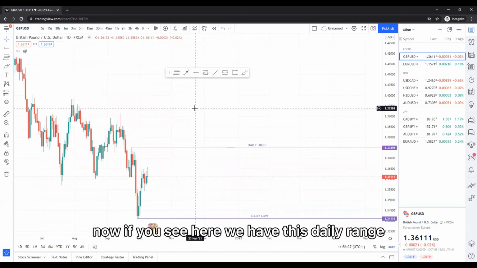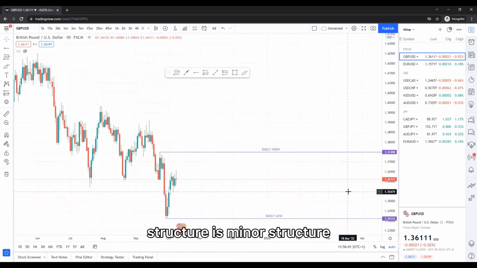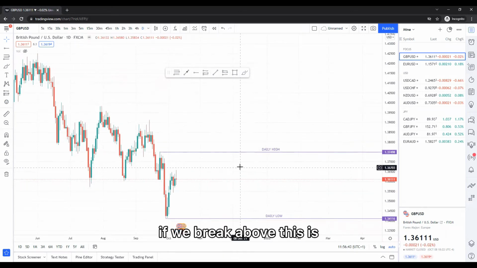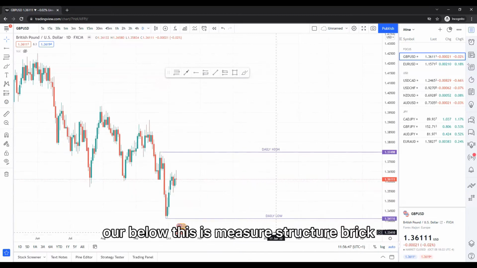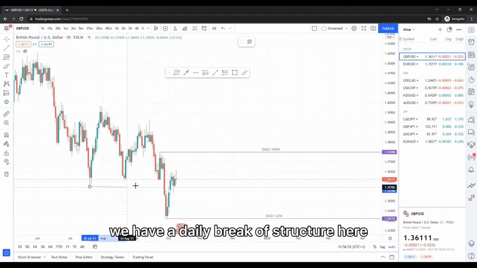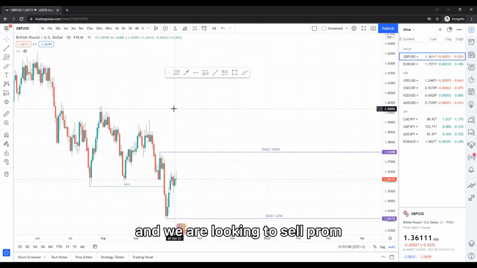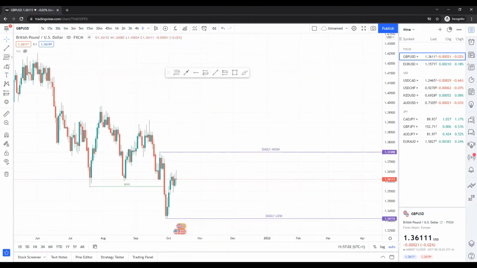Now if you see here, we have this daily range, so everything that happens within this structure is minor structure. If we break above this, it's a major structure break, or below this is a major structure break. So basically we have a daily break of structure here, and we are looking to sell from this order block.